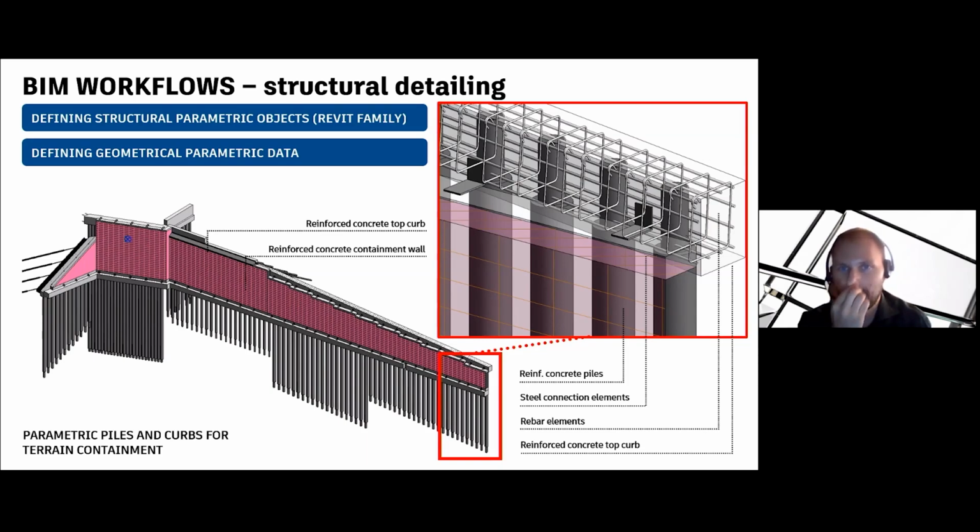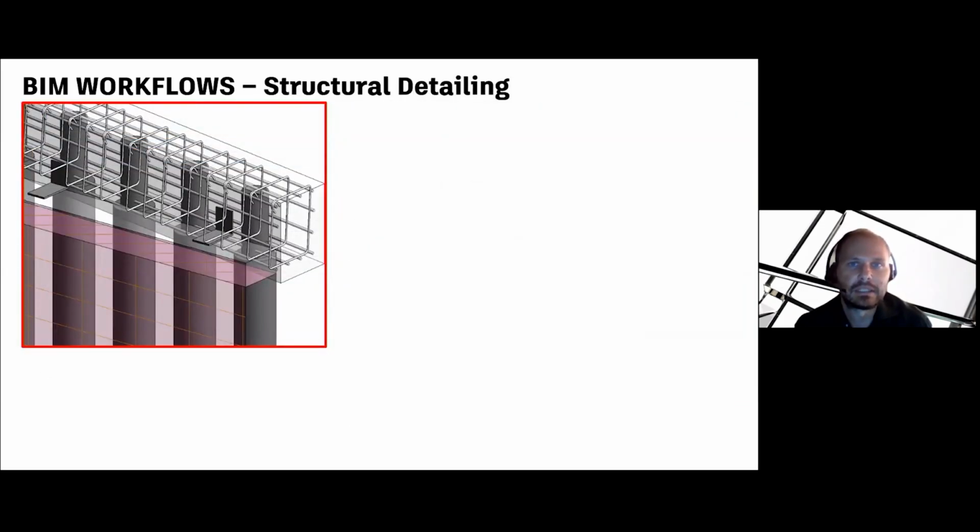So in this case, we have all the rebar elements that have been assigned to the reinforced concrete top curb. We can also see the steel pipes elements and the steel connection for this kind of project.